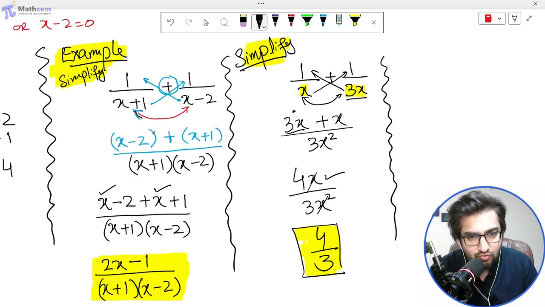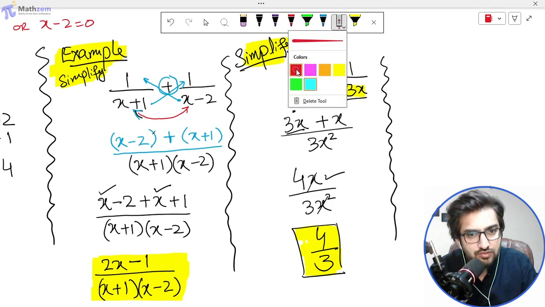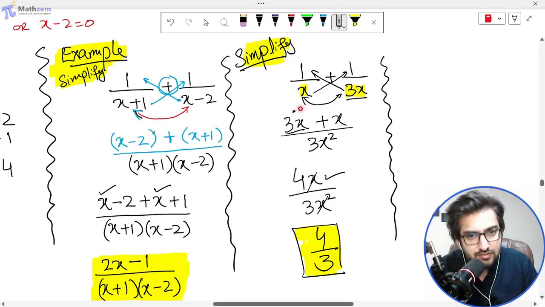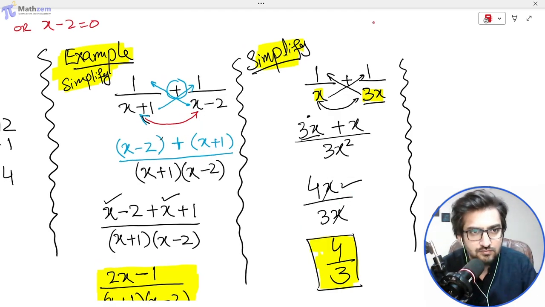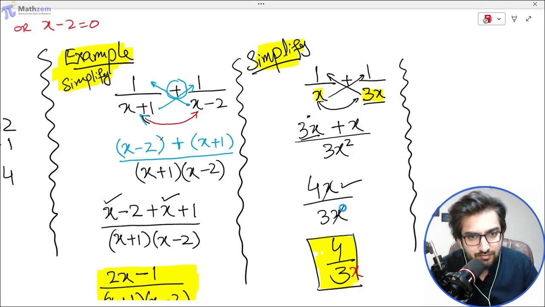So we have 2x in the denominator and 1x in the numerator. So 1x will cancel out with the numerator. So what will be left? So 4 by 3x will be left in the answer. So that is the simplified version.